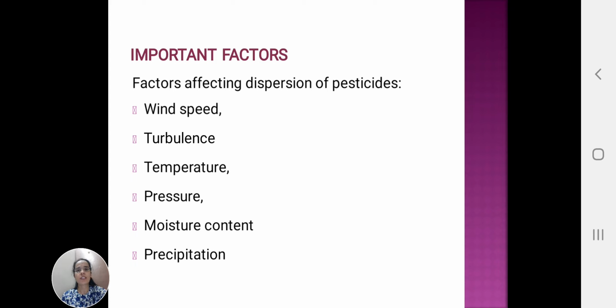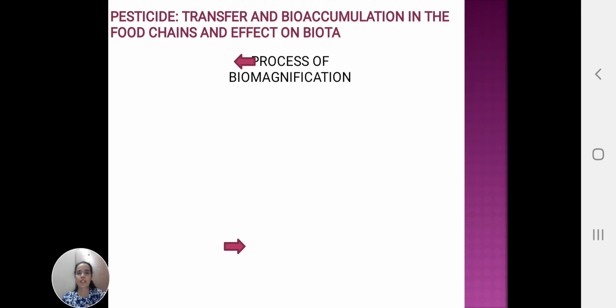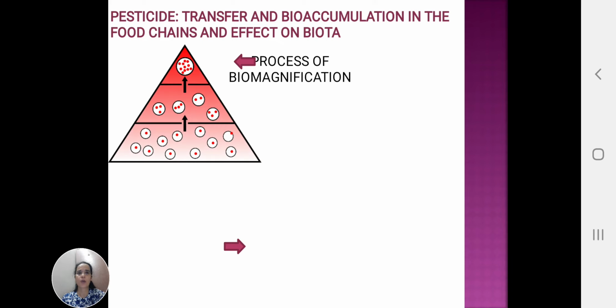The transfer and bioaccumulation of the pesticides in the food chain and its effect on the biota. This figure shows the process of biomagnification, whereby the concentration of the pesticide increases with the increase in the trophic level.